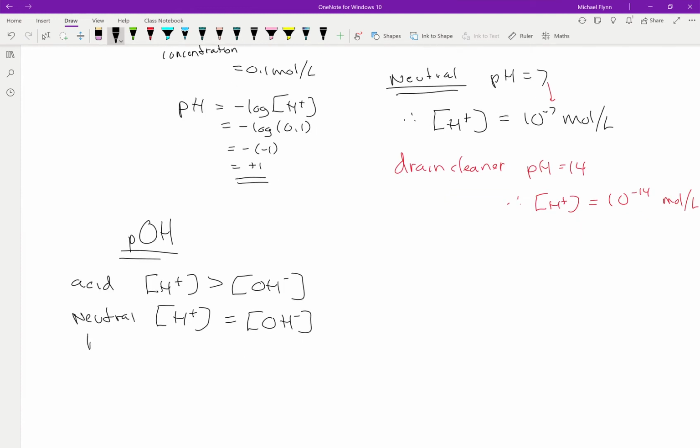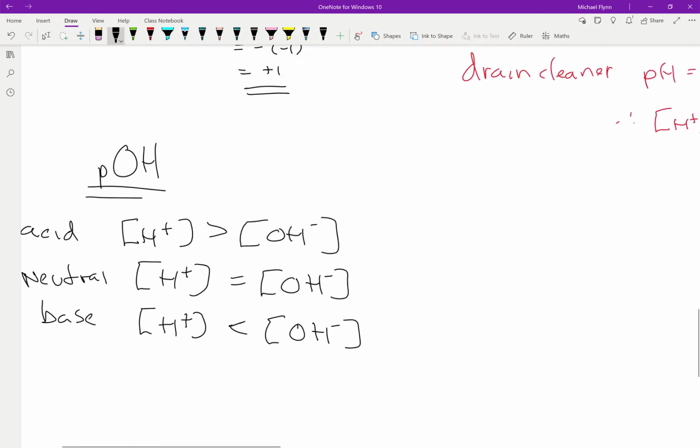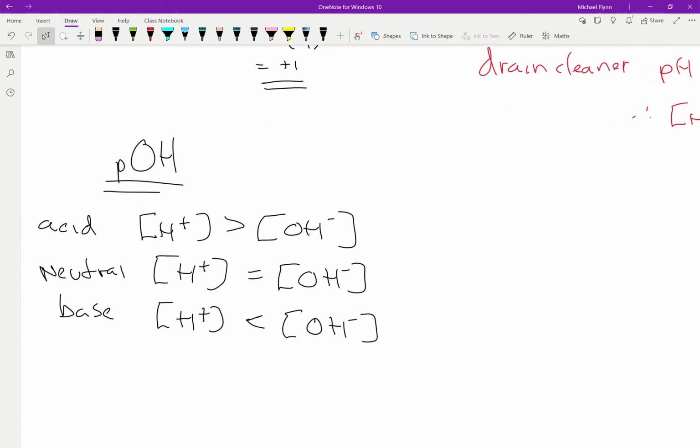Now, if it's a base, the concentration of H plus is less than the concentration of OH minus. And you guys know the less than symbol, right? And the greater than symbol, like Flynn is greater than, much greater than, like Steam, right? You should be familiar with these symbols by now, but that's it. So that's how it works.